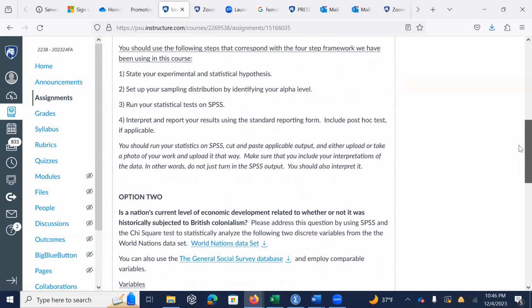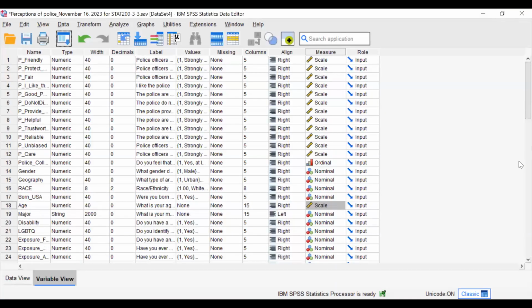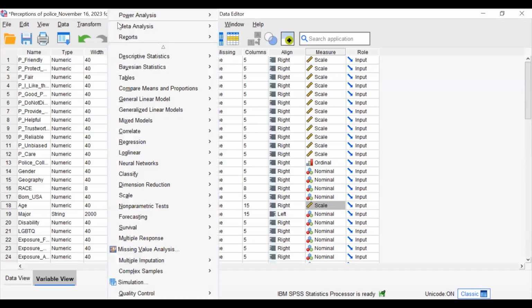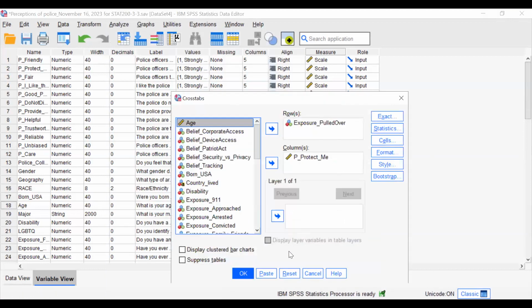So I am now going to take you to the policing dataset. And we are going to conduct a chi-square test. So we go to Analyze, and then Descriptive Statistics, and then Crosstabs.